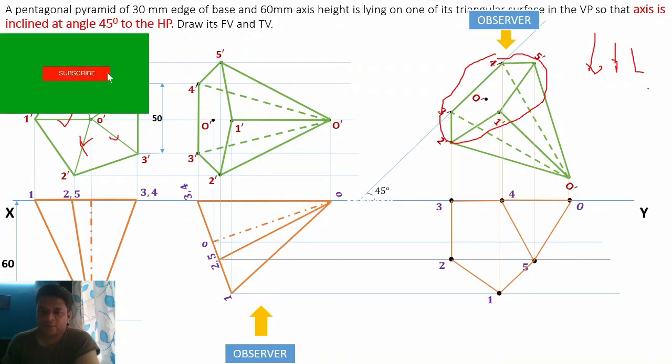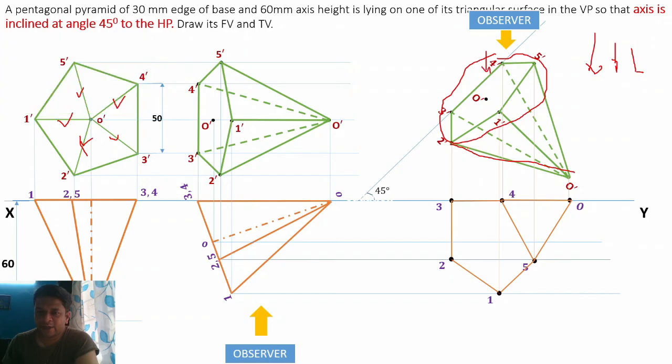Now think about the visibility. This edge is located here far away from the observer. It is away from the observer, is located here, and it is located here. So by logic it is not visible to this observer.